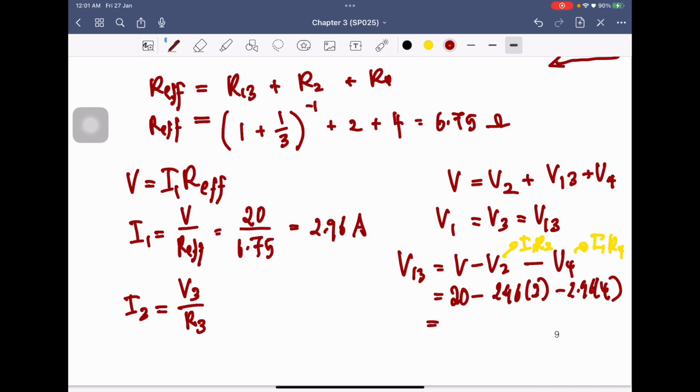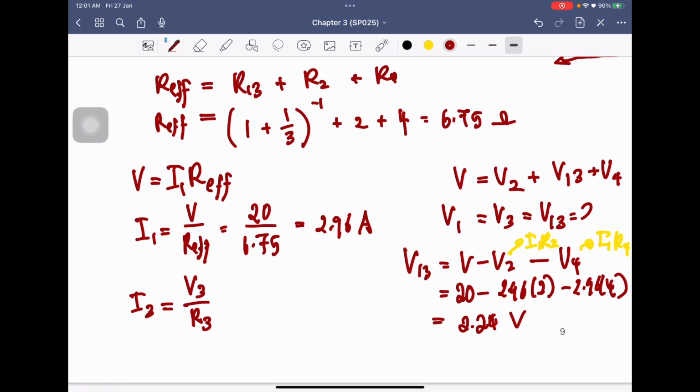Okay, so it's going to be equal to 2.24 volt. So having got V13, we know it will be equal to 2.24 volt for the voltage across resistor 3. So this will be equal to 2.24 over 3 ohm, which will give you 0.75 ampere.